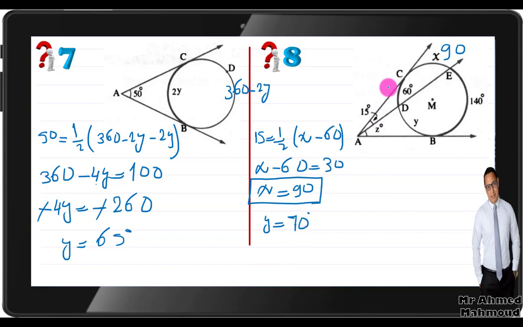Again, 360 minus 60 plus 90 plus 140 equals 70. So y equals 70. Finally, z equals half, open brackets, 140 minus 70, equals 35 degrees. And this is the end of the lesson.